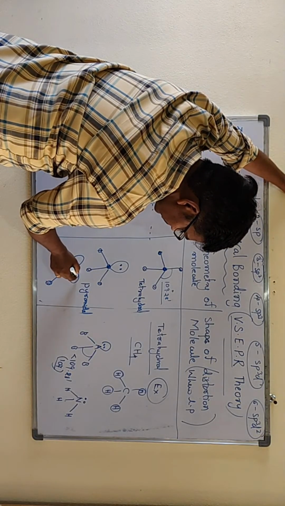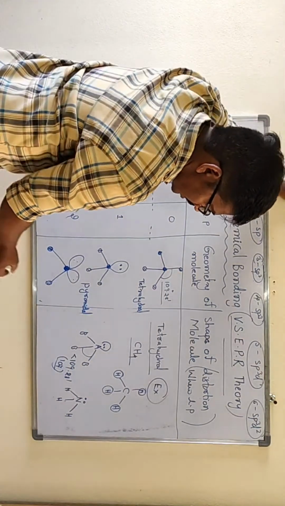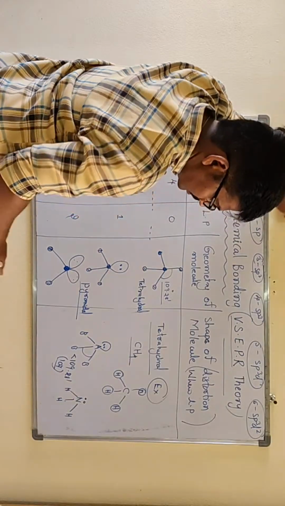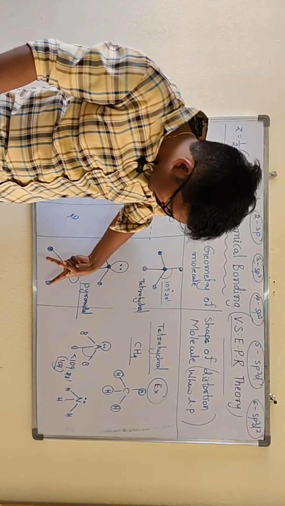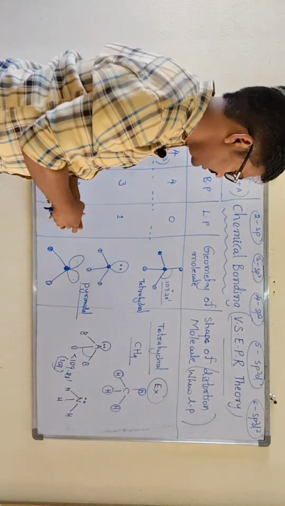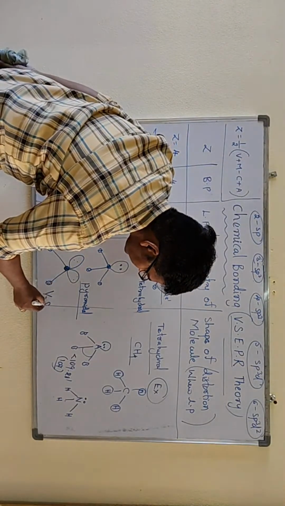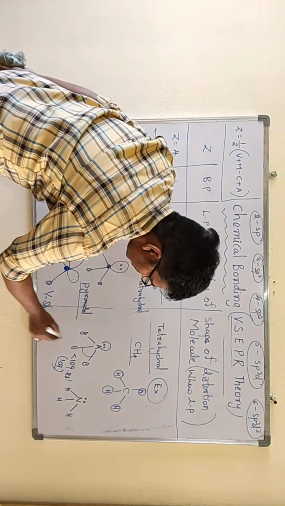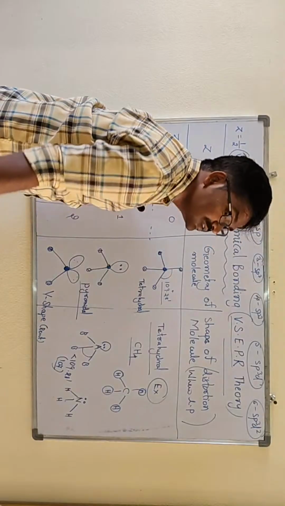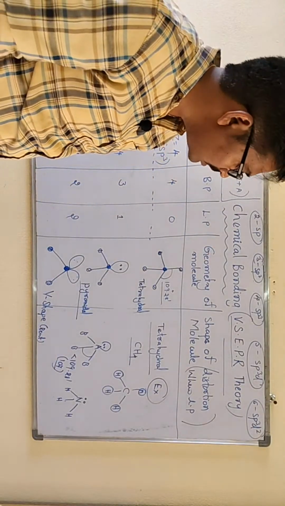This geometry of the molecule is V shape. We consider only the bond pairs like this. We call it V shape, or bent shape, or angular shape.